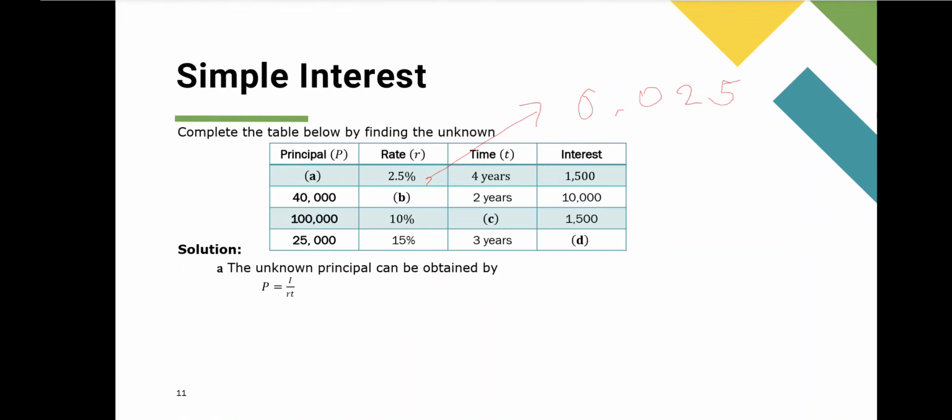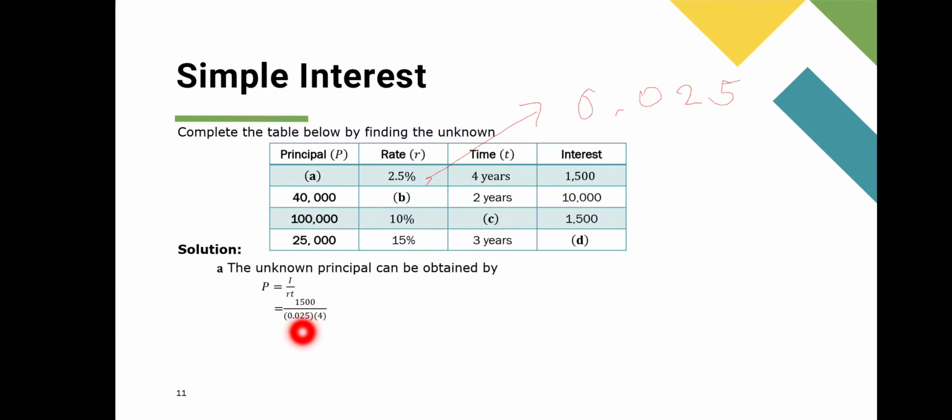Then, the time here is 4 years and the interest is 1,500 pesos. So, substitute that. So, we have 1,500 over, again, as I have said, rate. Okay, rate in decimal form is 0.025 times time, which is 4.